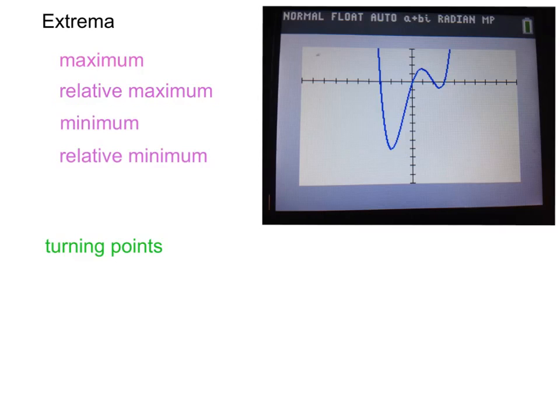For instance, the minimum of the function is the lowest point of the function where the y value does not get any lower. And even though that is the minimum, you also cannot deny that this is another minimum area of the function, not the minimum, but it is a minimum, and so we call that the relative minimum.